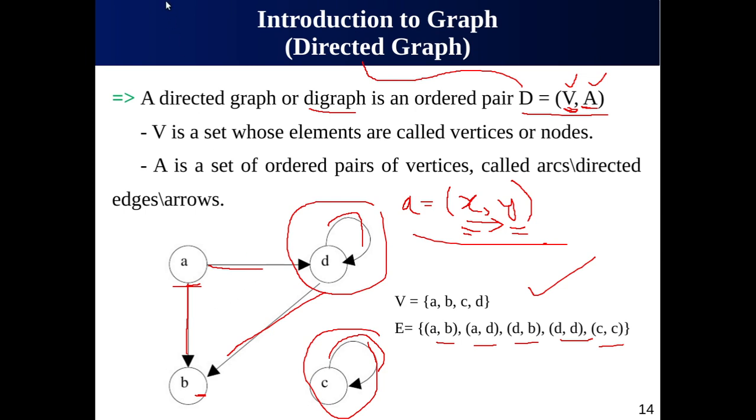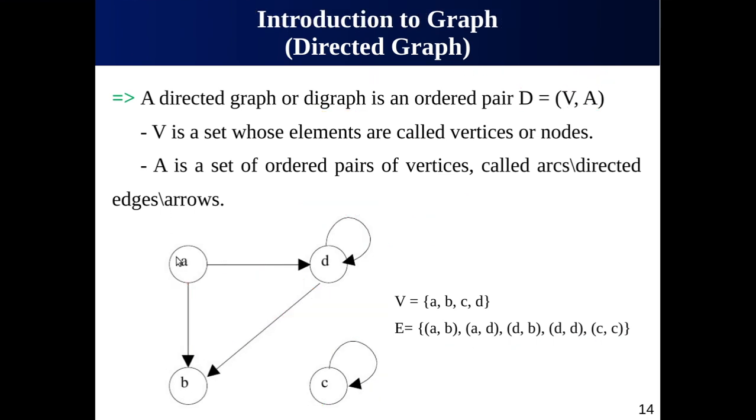Another concept is the adjacent vertex. Two nodes are said to be adjacent to each other if they are joined by a link, by an arc, by an edge. So A and B are adjacent, A and D are adjacent, and B and D are adjacent because they are joined by an arc directly.